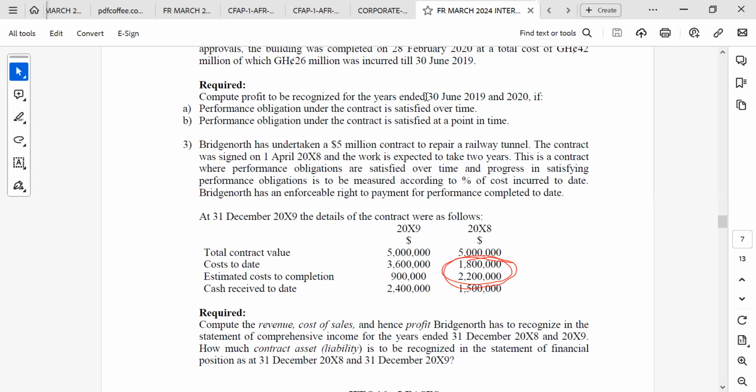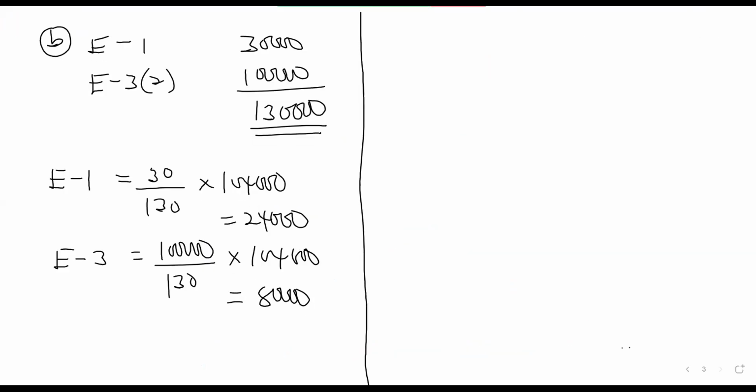So our percentage of completion will be computed like this. If you are using the input method, it will be cost incurred to date over the total cost. We have already incurred 1.8 million, and we are estimating that before we can complete the contract, we will incur an additional cost of 2.2 million.